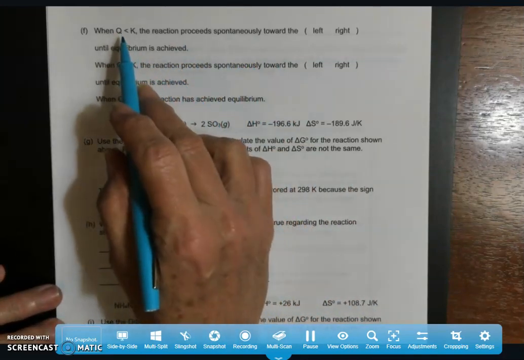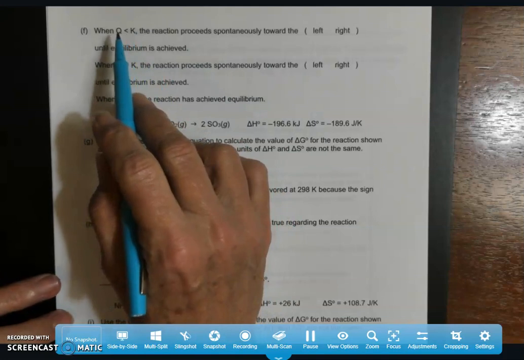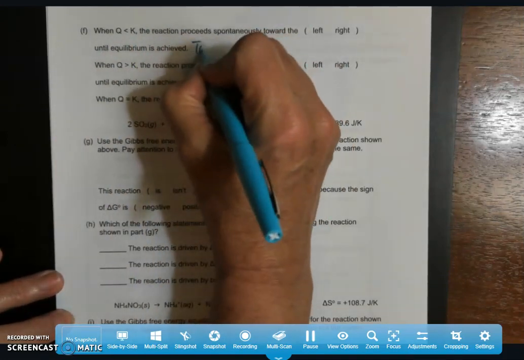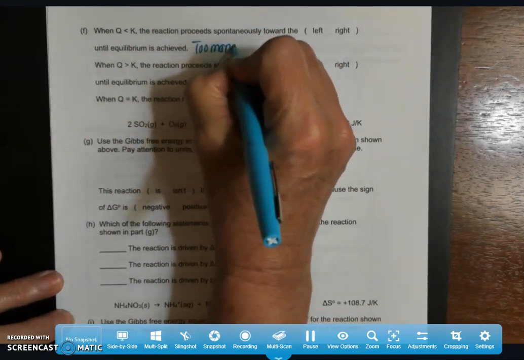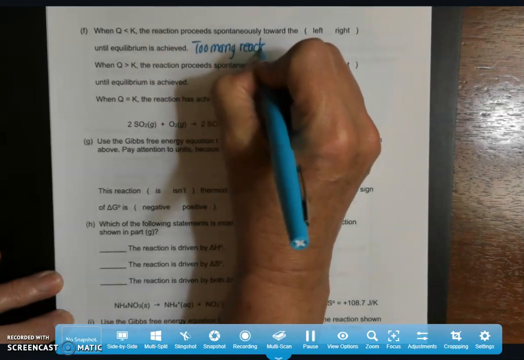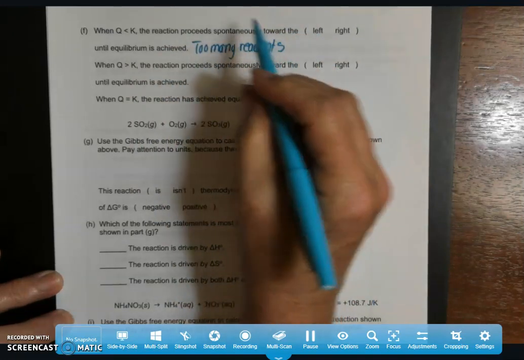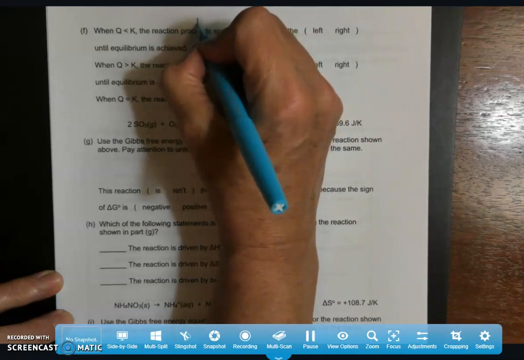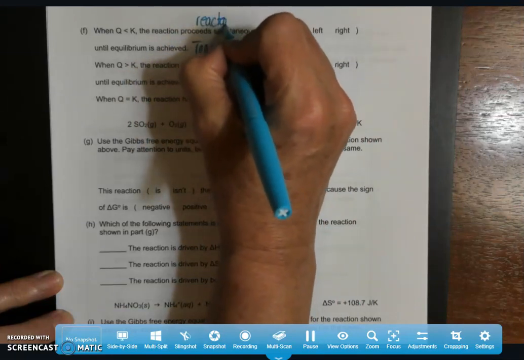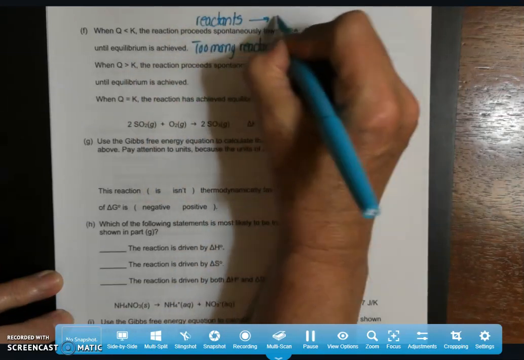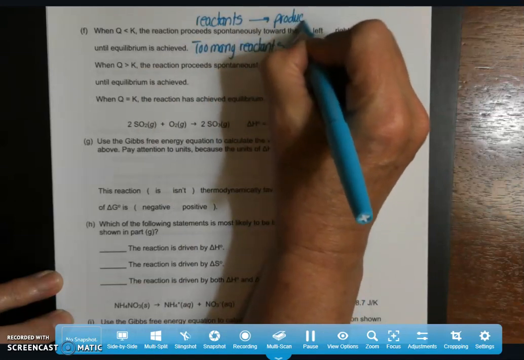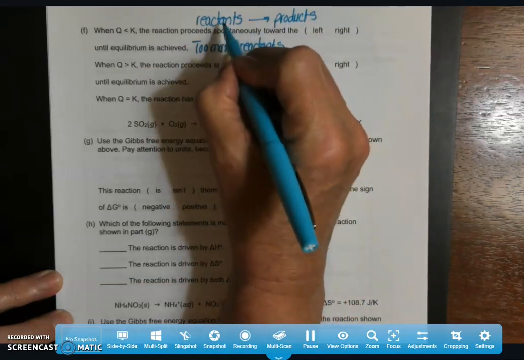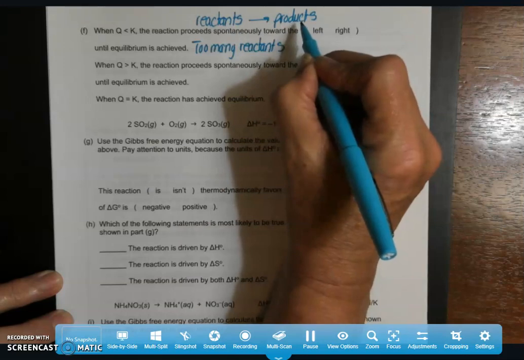So remember we said that if Q is less than K, I have too many reactants. Therefore, if this is reactants and this is products, and I have too many of these, I'm going to shift my reaction in this direction.